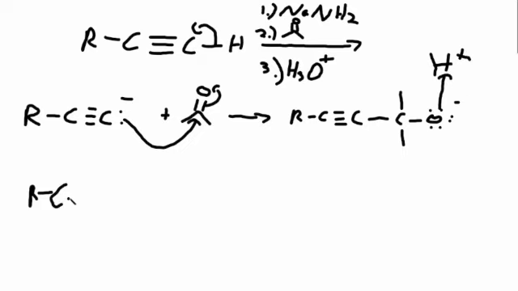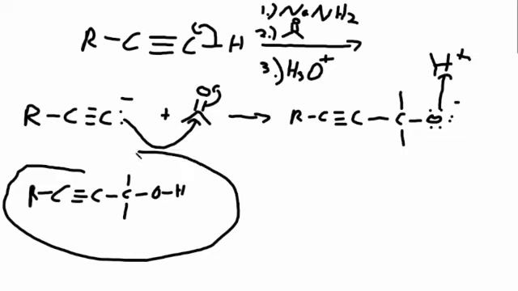There we go, and we have this 2, 3 carbon with the 2 methyl groups, and our alcohol down here. So that's what you should have got for an answer.